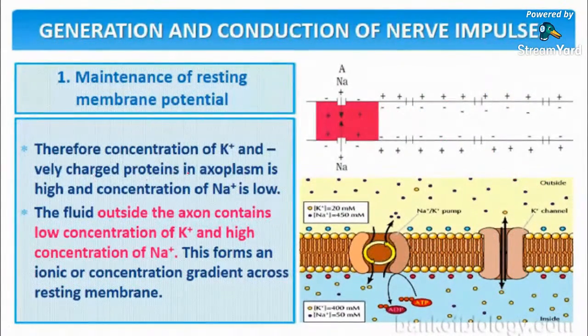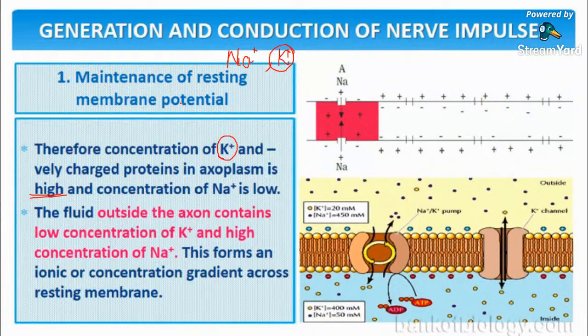Next. Therefore, the concentration of K plus ions and negatively charged proteins in the axoplasm becomes very high. Guys, we know that both sodium and potassium are positively charged ions, right?